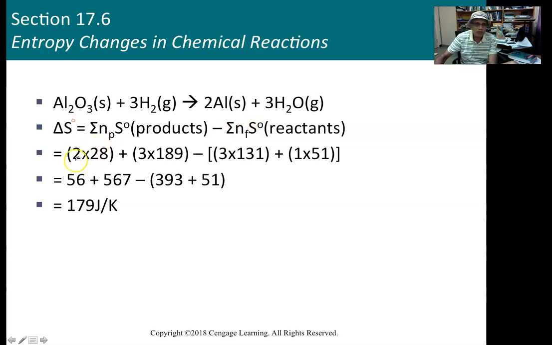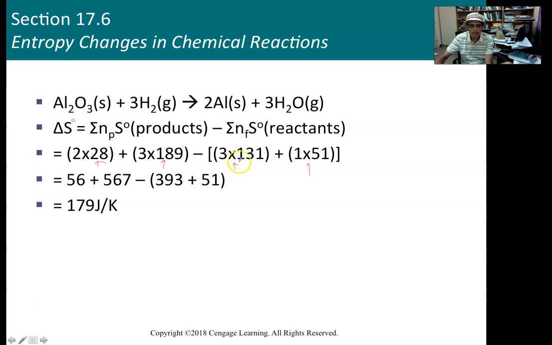So these are the values from the literature or the textbook on the entropy values of the individual substances. So you're multiplying this by 3 times 131, that's for the hydrogen. And sorry, this is products over reactants.